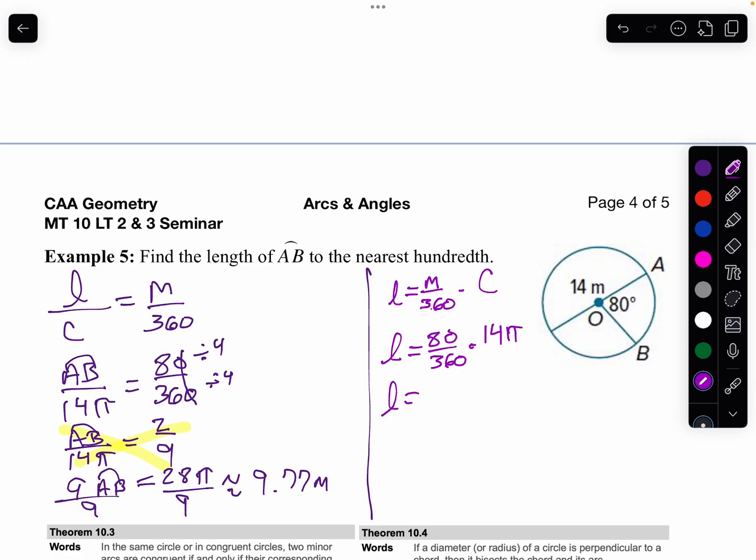Well, notice we already reduced 80 over 360. We said that was 2/9 times 14 pi. Notice we'll get 28 pi over 9. You get the same answer, 9.77 meters. I don't care which way you like to do it. Whichever way you found easier in this explanation, I would do it that way.